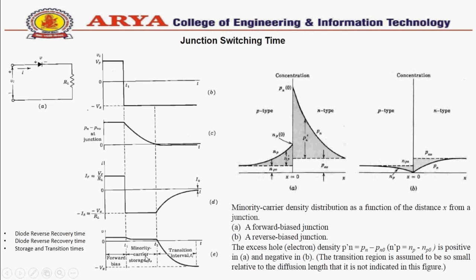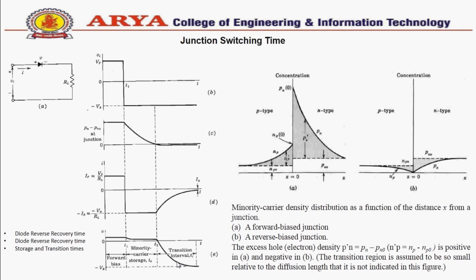The time which elapses between t2 and the time when the diode has nominally recovered is called Tt, or transition time. This recovery interval is completed when the minority carriers at some distance from the junction have diffused to the junction and crossed it, and when in addition the junction transition capacitance across the reverse biased junction has charged from RL to the voltage minus VR.